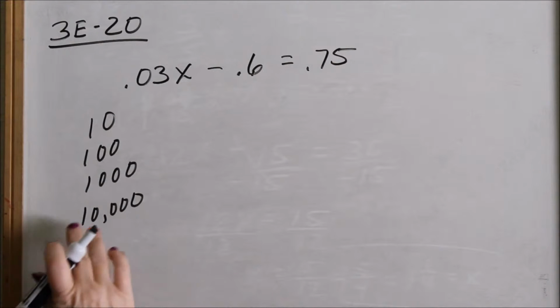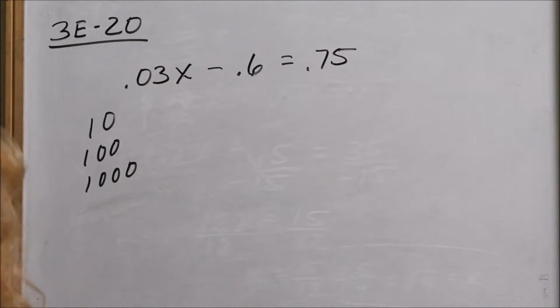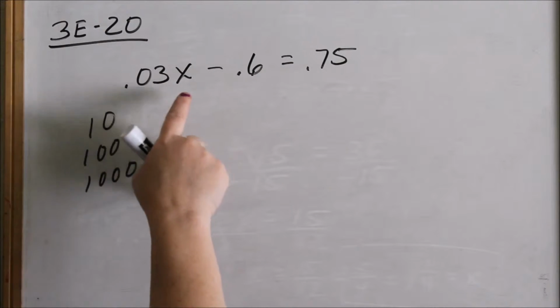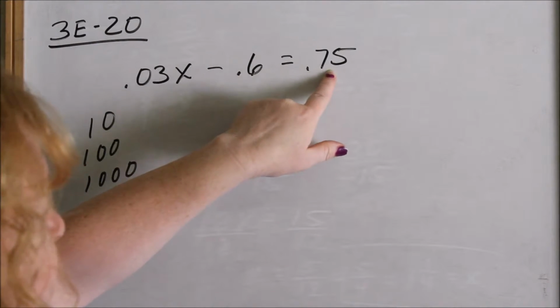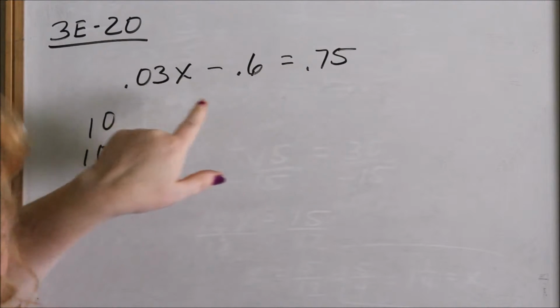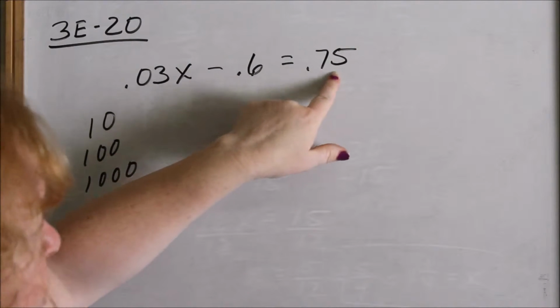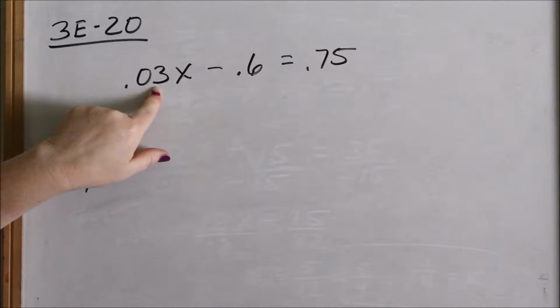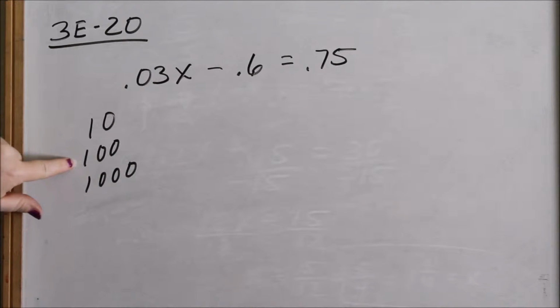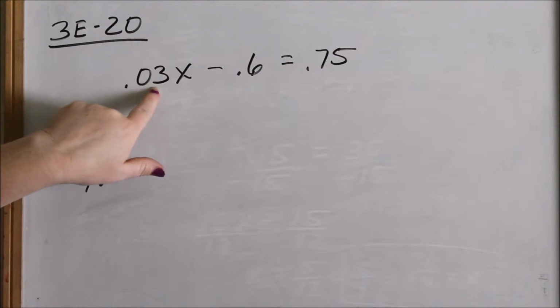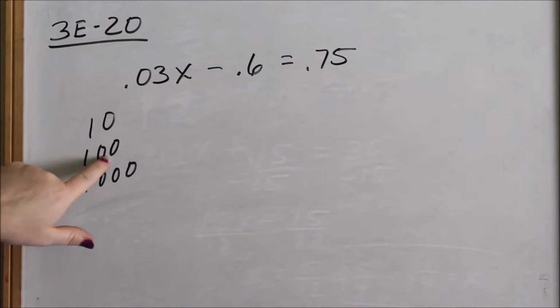At least with the problems in this curriculum, a simple way I can tell you is to look at the most number of decimal places. The highest is 2, because you have 2, 1, 2. So you pick the number that has the same number of zeros. 2 decimal places is the most, so you pick 100 because it has 2 zeros.